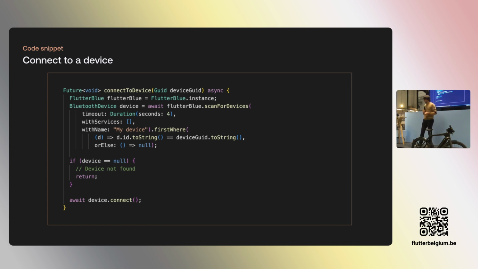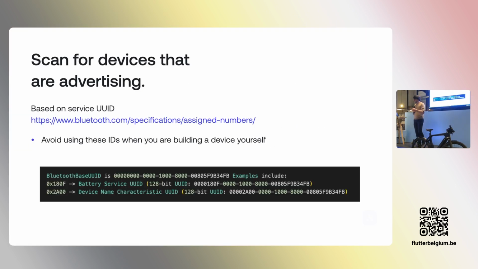As soon as you are connected, you can start subscribing to a service. How does Bluetooth work with services? There's a whole library of service UUIDs. That means that there's an instance, and that's the link that you can subscribe to. There's a whole document, I think it's almost over 100 pages, with all different services that can be used by Bluetooth.